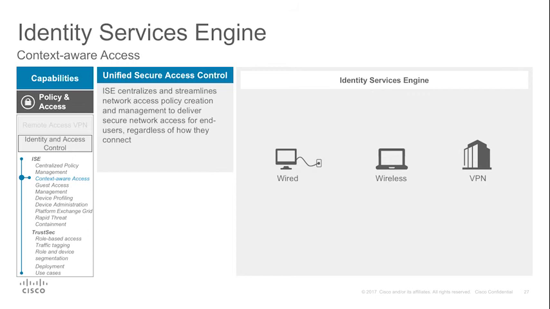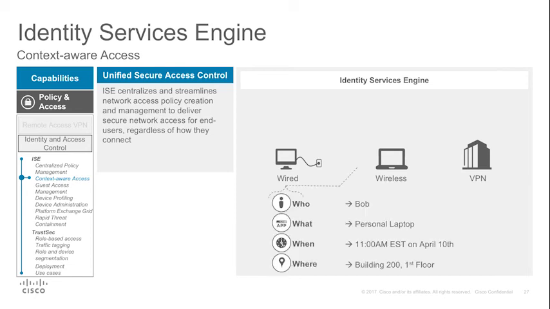Superior visibility enables users to see who is on the network, what device they're using, when they access information, and where they're located. This enhanced identification of users and devices not only makes onboarding faster and easier, but the increased depth of perception offers better protection. ISE combines user identification with its robust context-sharing platform and uses this information to prevent inappropriate access and minimize the spread of threats across the network.